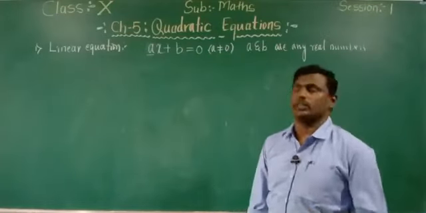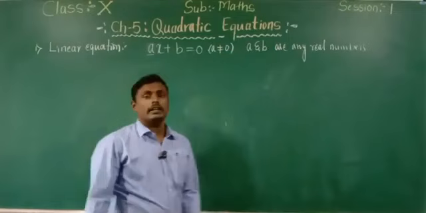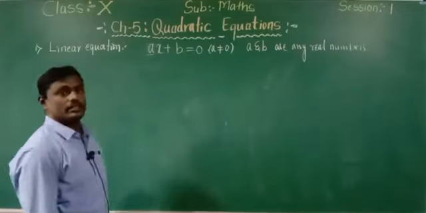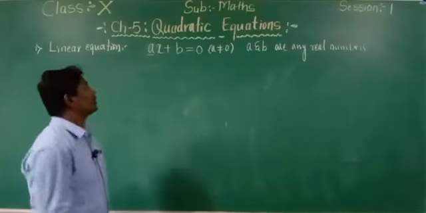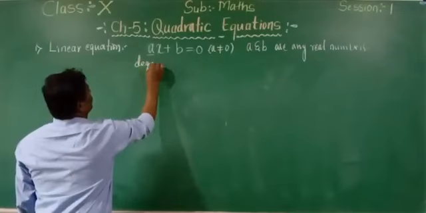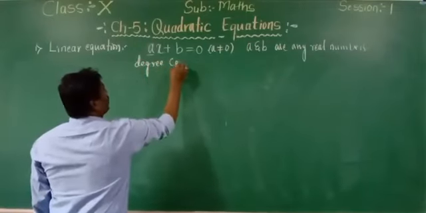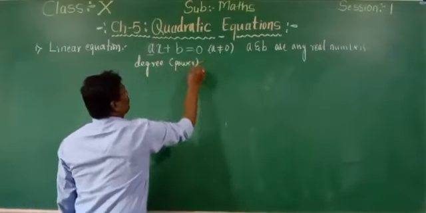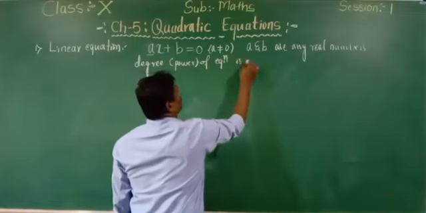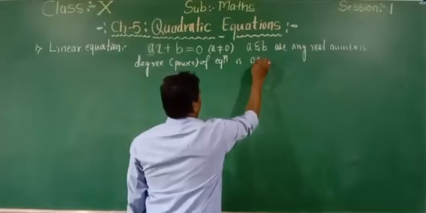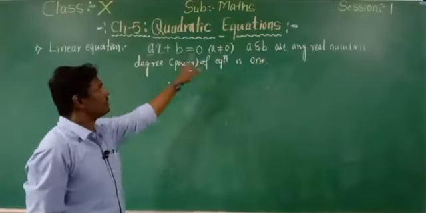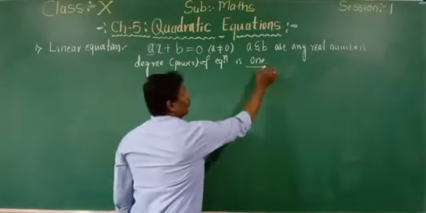One more thing: all linear equations have only one solution. The degree or power of the linear equation is always equal to 1, right?